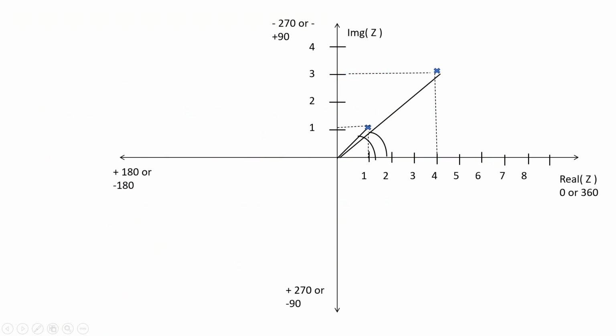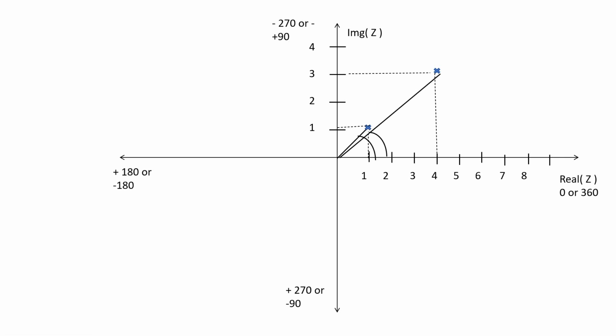If we equate the real part of the complex number to 0, then what we are left with is the imaginary part. The intersection of the polar plot with the imaginary axis is what we have from the imaginary part when we equate the real part to 0.